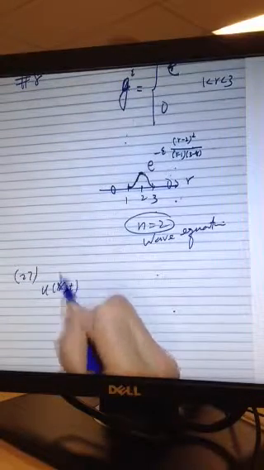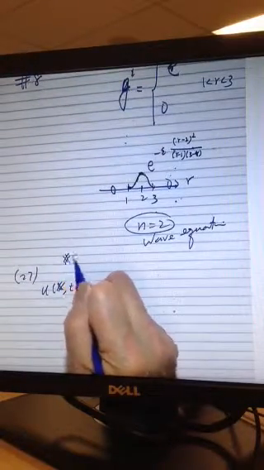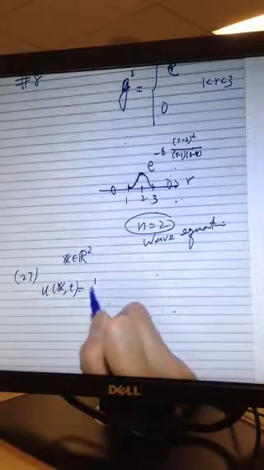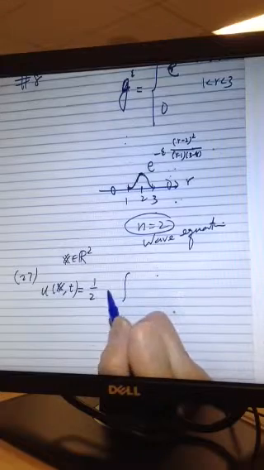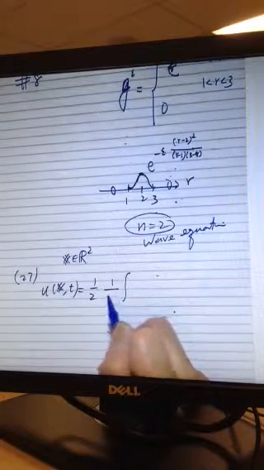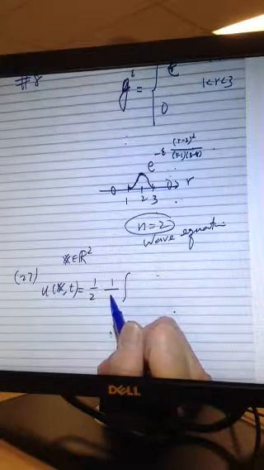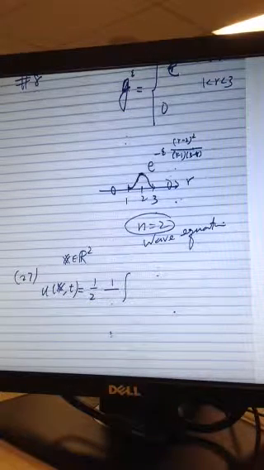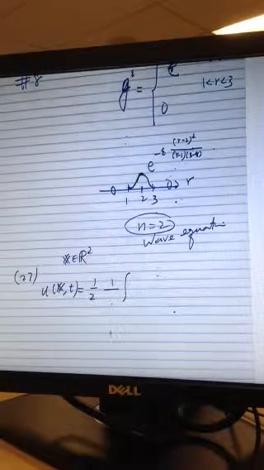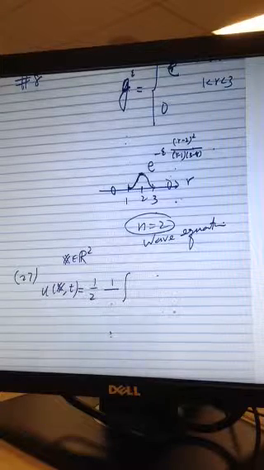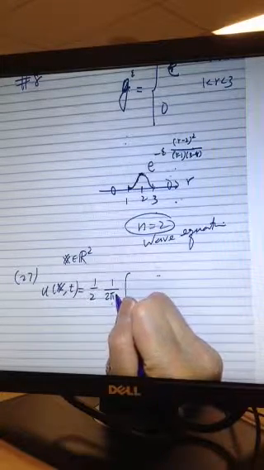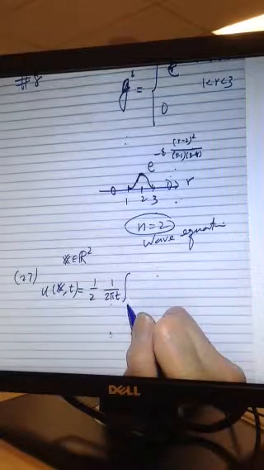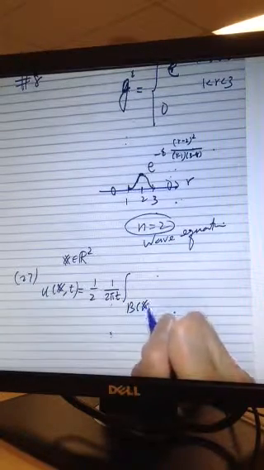We just follow it. x is in dimension 2. It's equal to 1/2 integral. Now this is 1 over the surface area of a 2-dimensional ball, but a 2-dimensional ball is really a disk, so the surface area is simply the circumference. So this is 2 pi t, and then v(x,t).